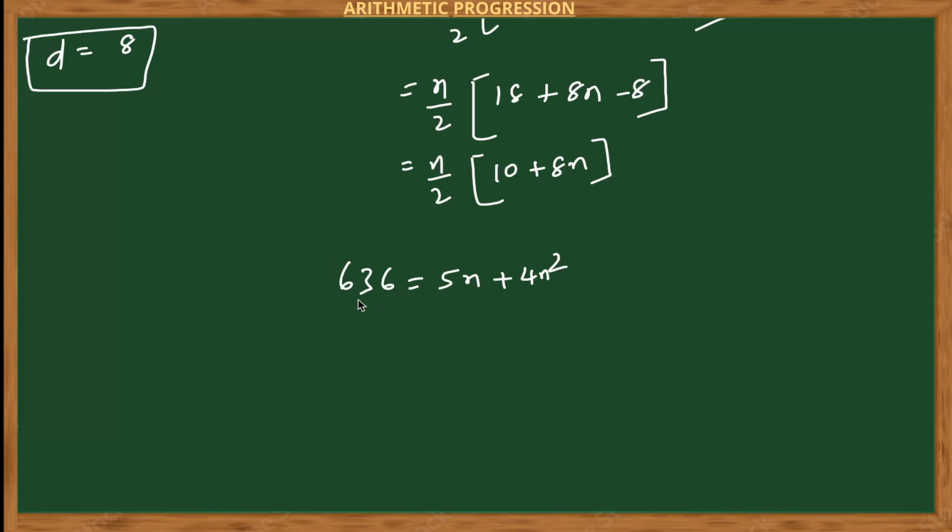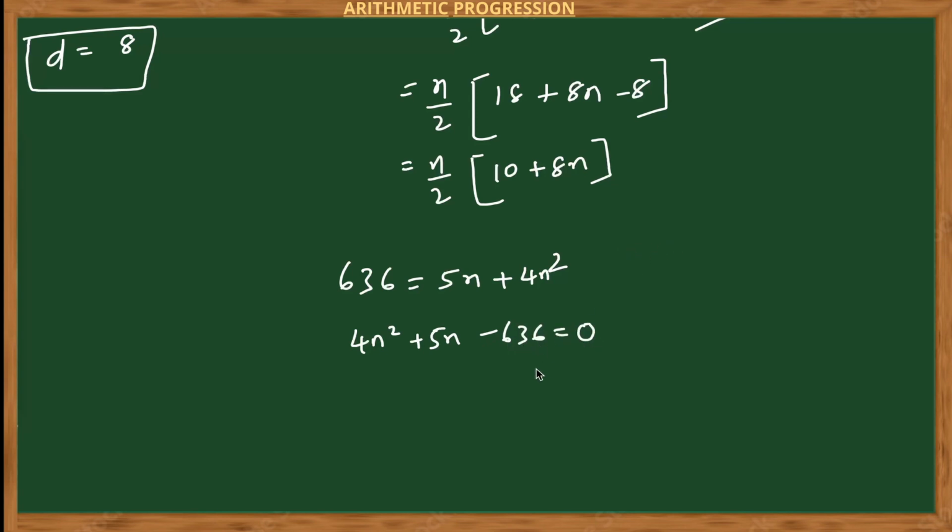Let's solve this further. This becomes our quadratic equation, so let's bring this in this format. 4n square plus 5n. Let's bring this 636. This becomes minus 636 is equal to 0.